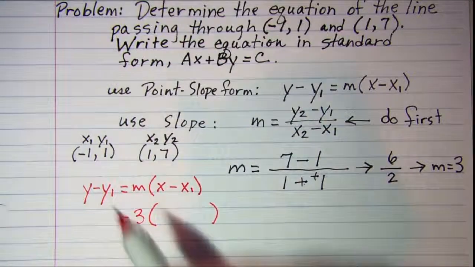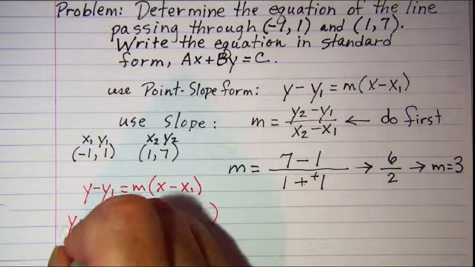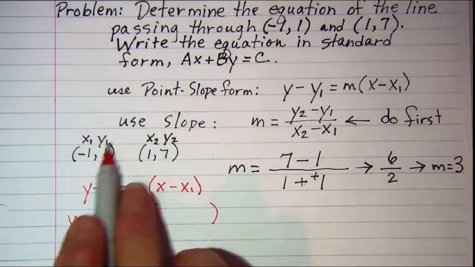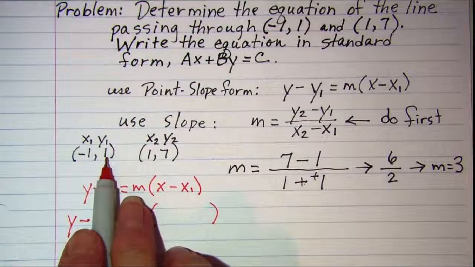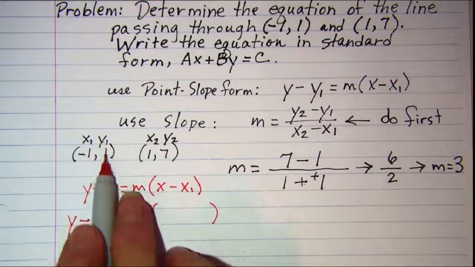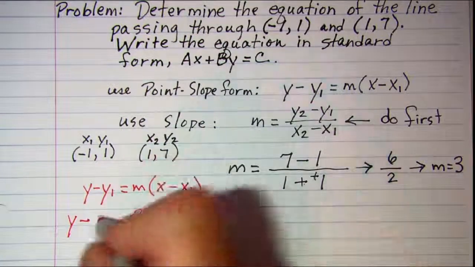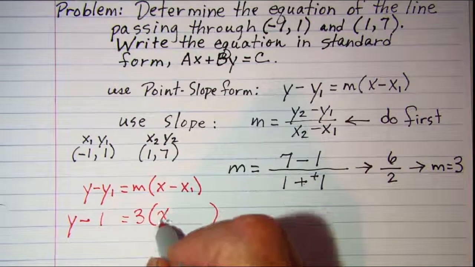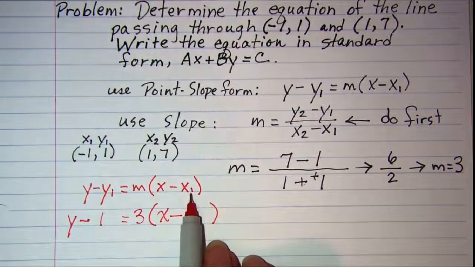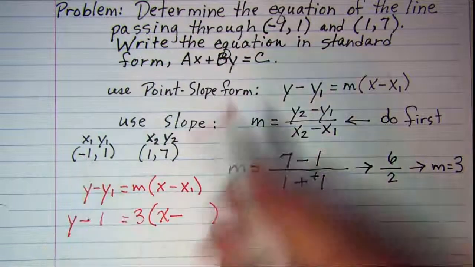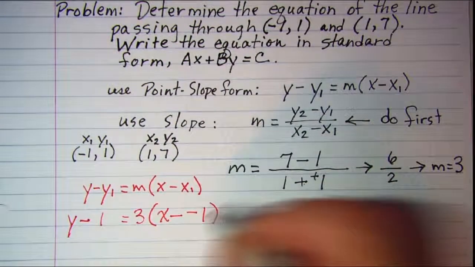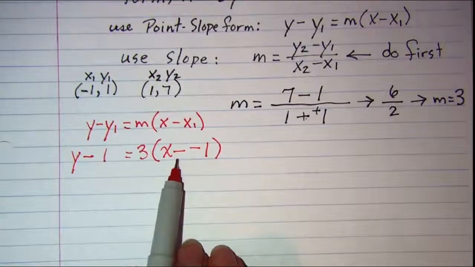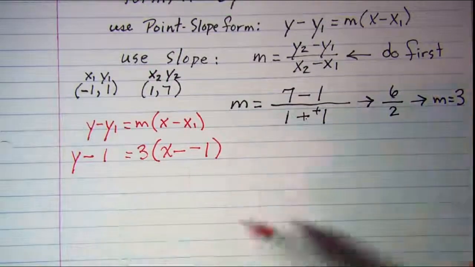So over here on the left, I have y, subtract, and then I need a value for y1, which we chose to let y1 be 1. And then here the x is a variable, subtract, and then in place of x1, I'll put -1. So now we have the equation, we just need to simplify it.